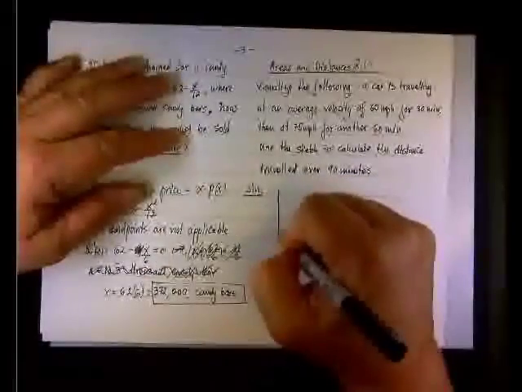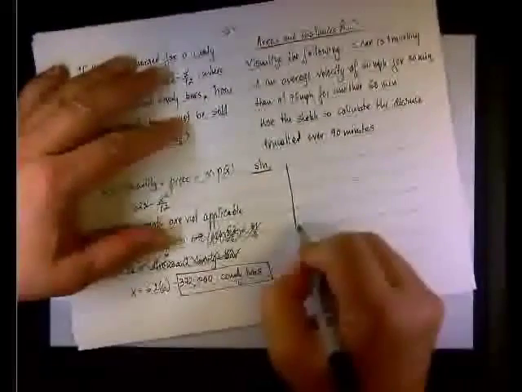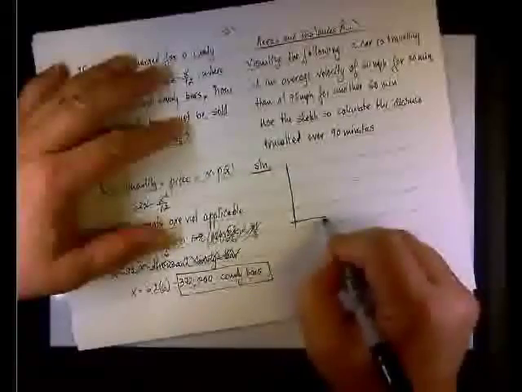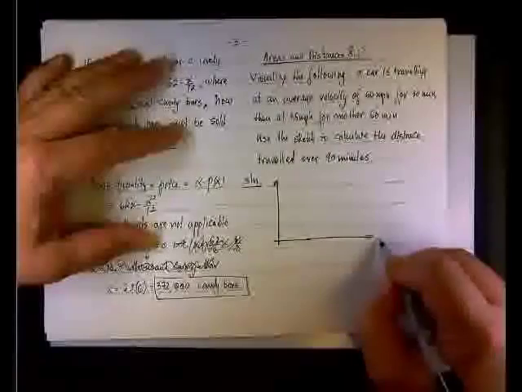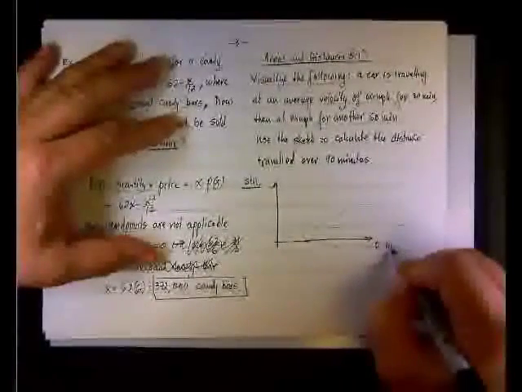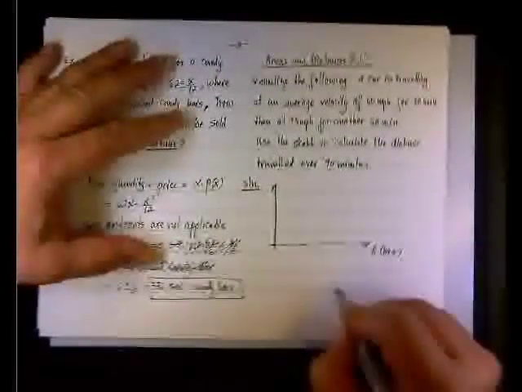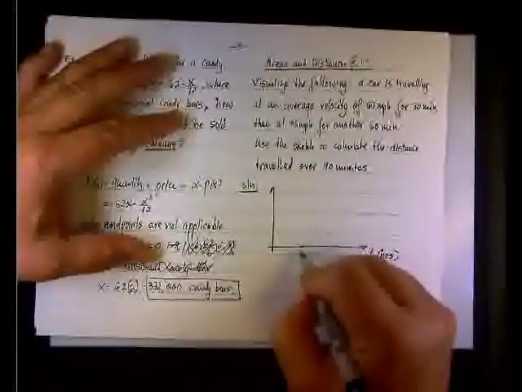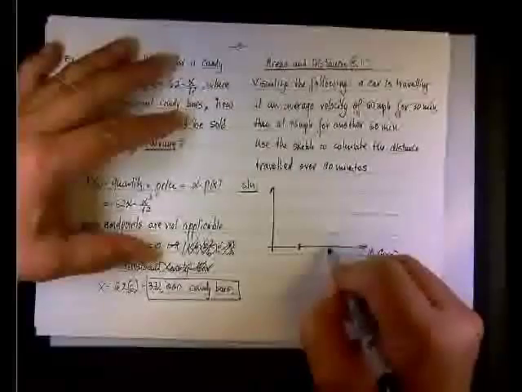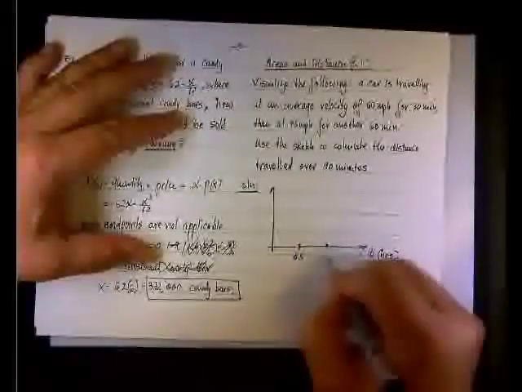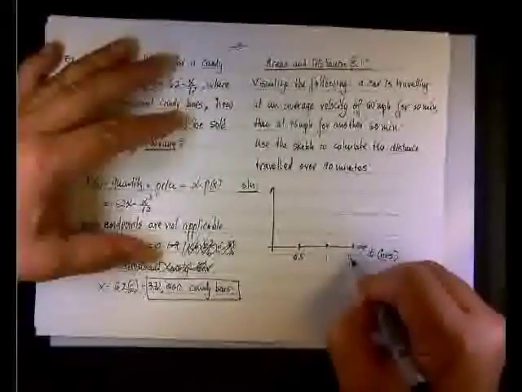So if we want to visualize it, one way to do it is to draw the following sketch. Say that this is the time, and since I'm dealing with miles per hour, I'll set up the times to be measured in hours. Since we're looking at an hour and a half, this will be 0.5, this will be 1, and this will be 1.5 hours.